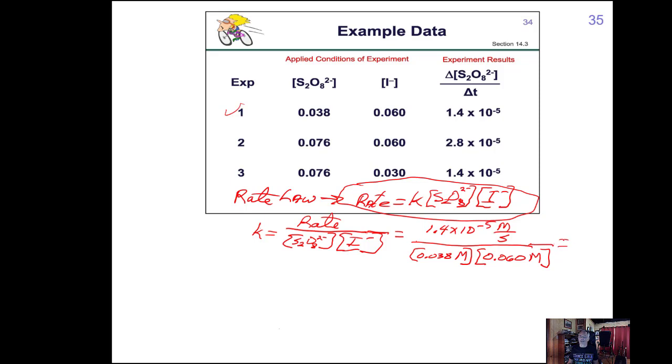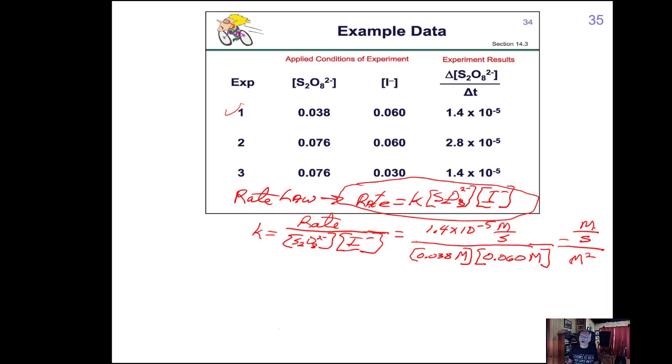Now, the first thing I want to do is let's get squared away on what the rate constant units are going to be. So I've got molarity per second in the numerator, and down here in the denominator, I'm going to have molarity times molarity, which is molarity squared.